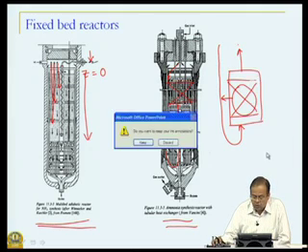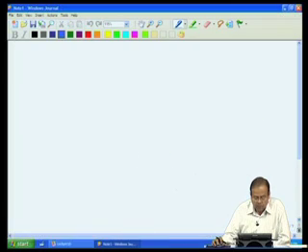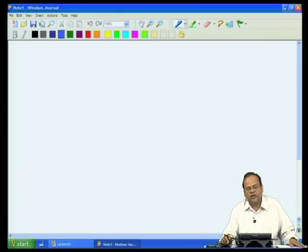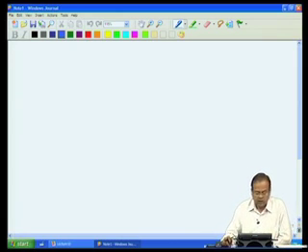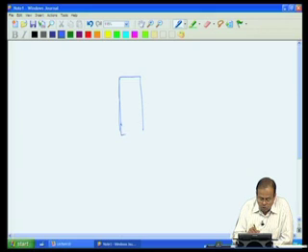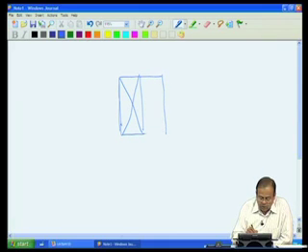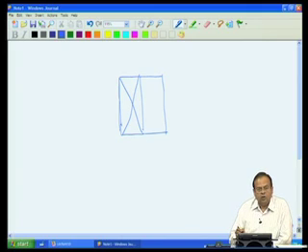So, let us try to look at how this reactor behaves, and we will take help of simple mass and energy balances to understand how this reaction is taking place. To simplify the matter, let me just show one bed of catalyst and surrounding shell in which my reactants are going to enter.